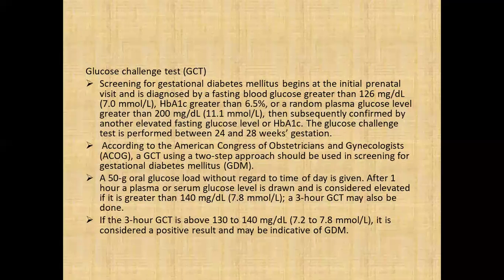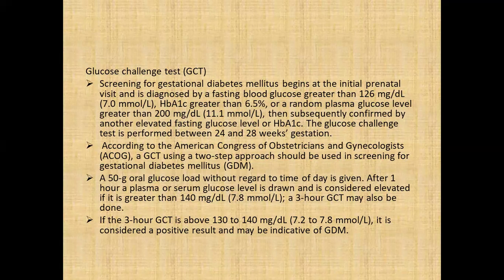The 3-hour glucose challenge test is only done for people who have failed the 1 hour, that is, if after the 1 hour your glucose level was more than 140 milligram per deciliter. The 3-hour test has a specific time it has to be done, so we do it with time.